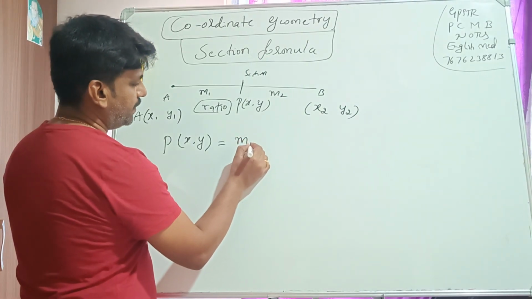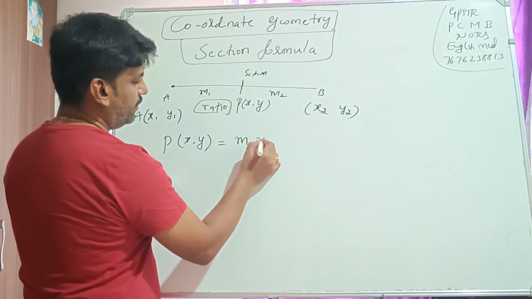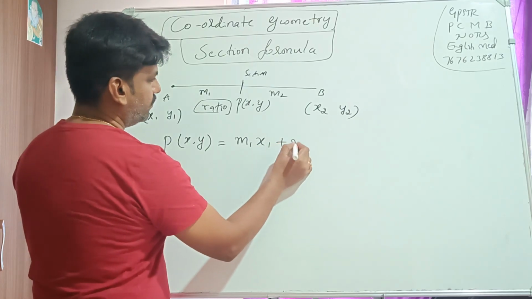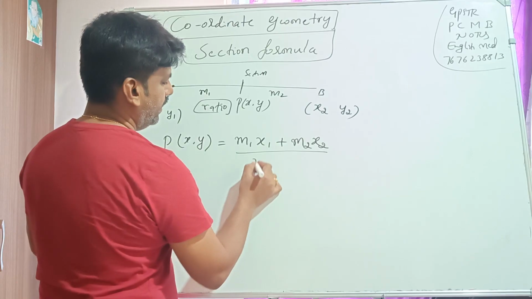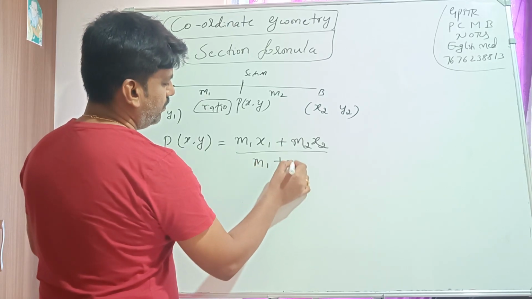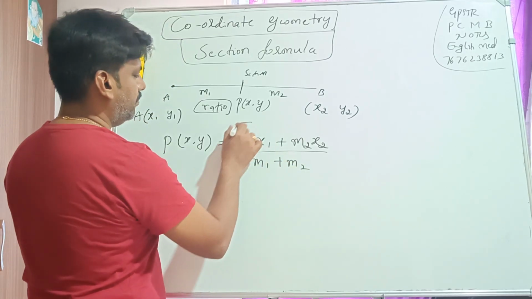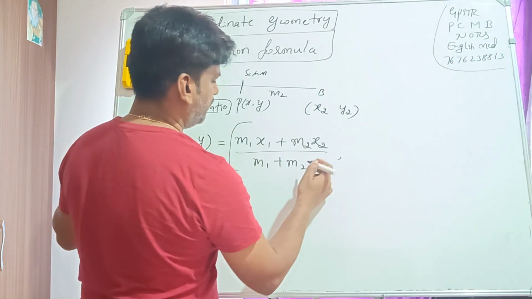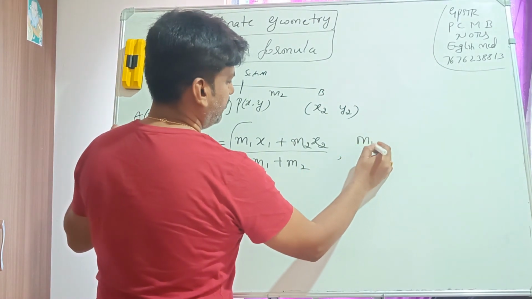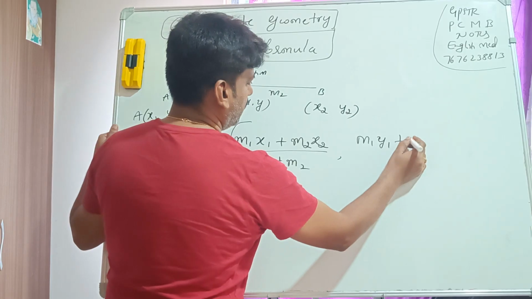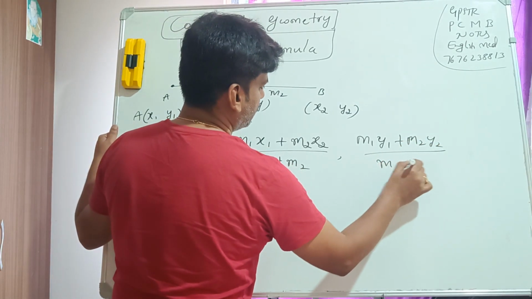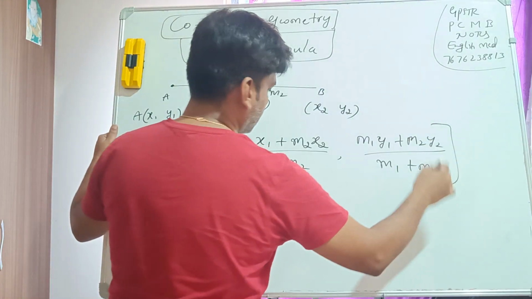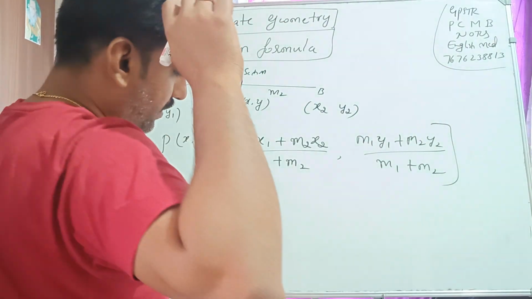With respect to the first one, m1 multiplied by x1 plus m2 multiplied by x2, whole divided by the ratio m1 plus m2. So this will come as the x part. The y part is the same: m1 y1 plus m2 y2 divided by m1 plus m2. So this will come as the y part, right?